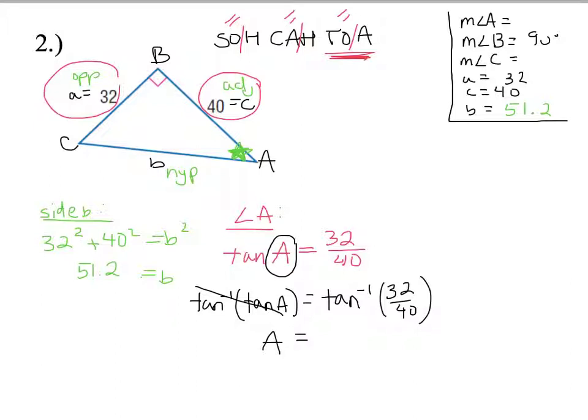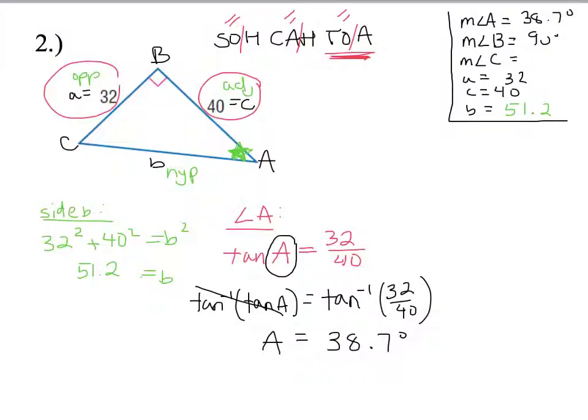And then on the other side, we have, let me type it in, inverse tangent of 32 divided by 40. That second tangent. And we get 38.7 if we round it correctly for angle A.